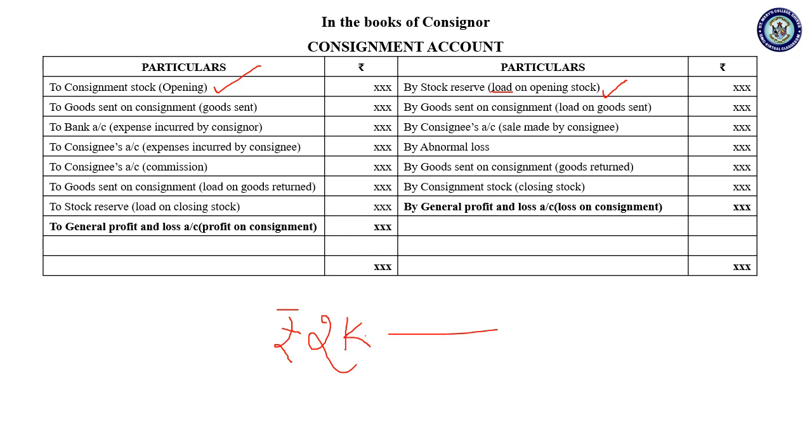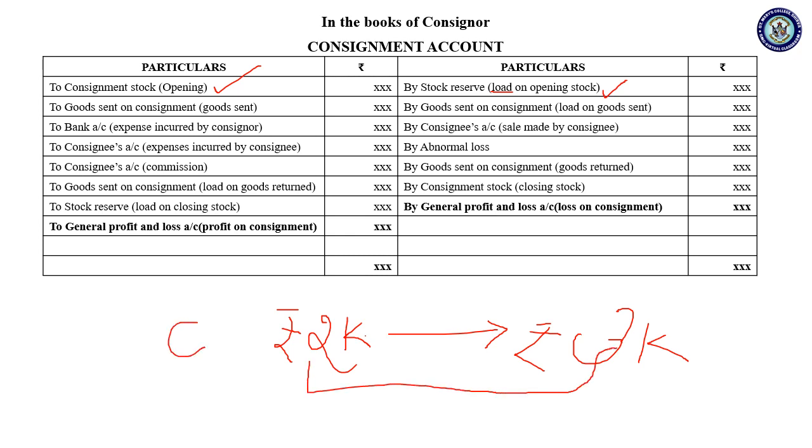It was consigned at 3000. It is not the selling price, it is the consigned price. From consignor to consignee, it is transferred at the invoice price of 3000.